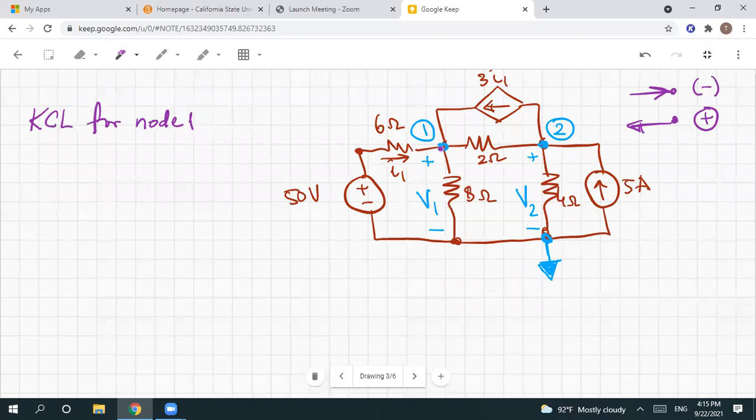When you are writing the KCL, you need to assume that all currents are leaving that node. But if you have a current source, you need to take its direction. So I have a resistor, so I will assume that the current is leaving. So what will be the current which is leaving in this direction?